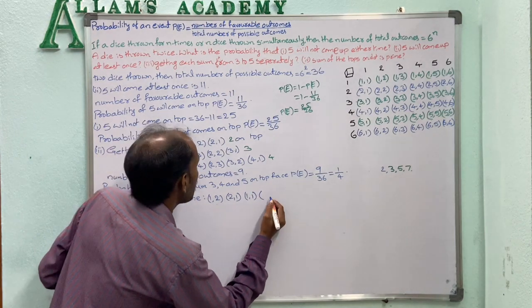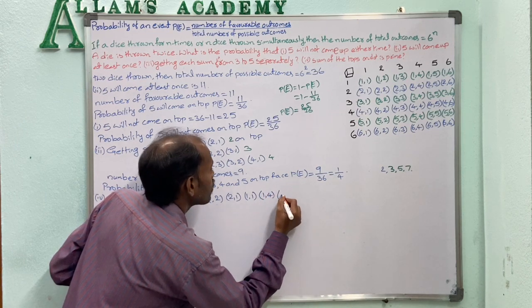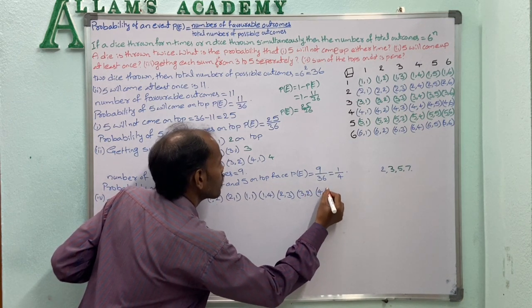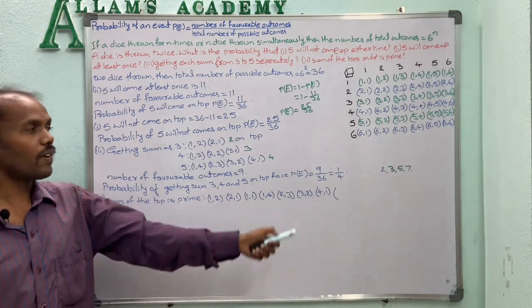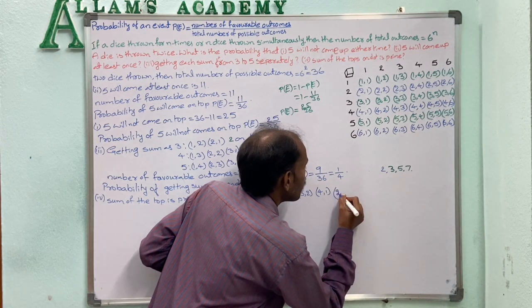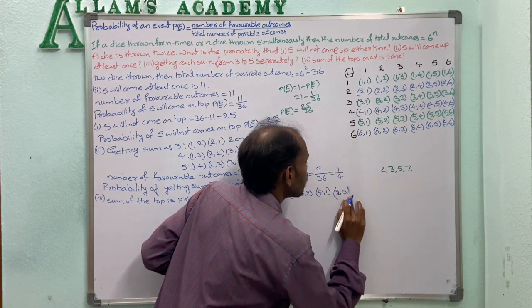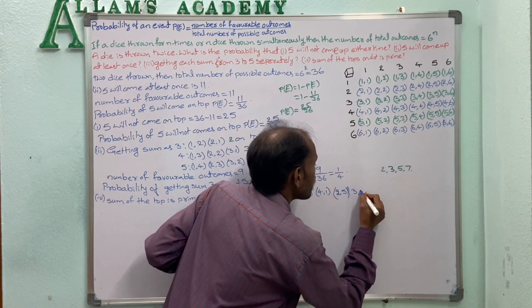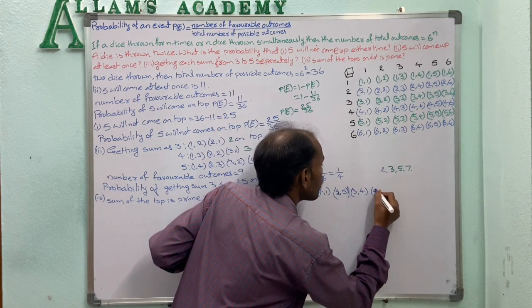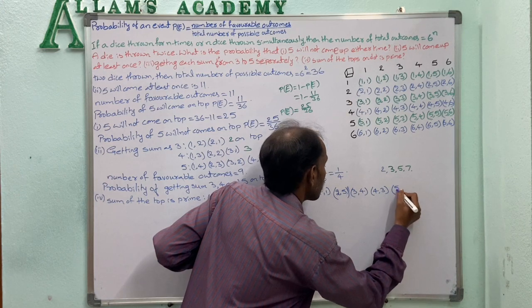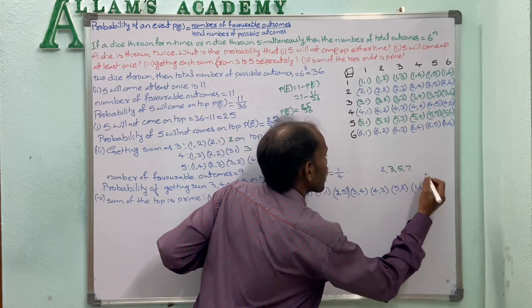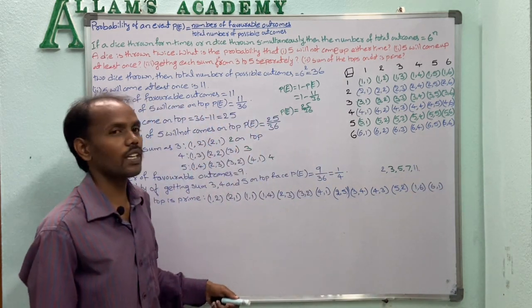Next, 5 will come as 1 4, 2 3, 3 2, 4 1, and 7 will come as 2 5, 3 4, 4 3, 5 2, 1 6 and 6 1.